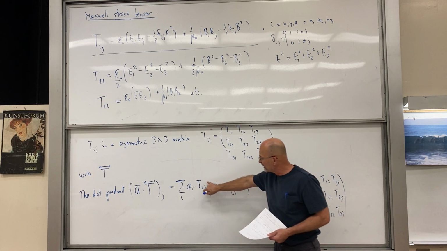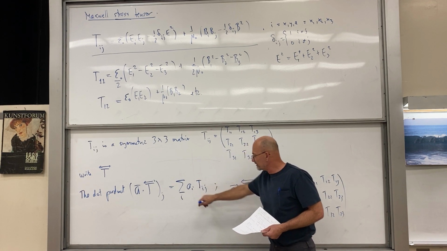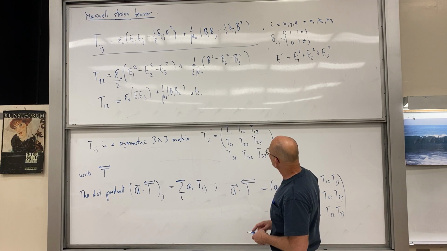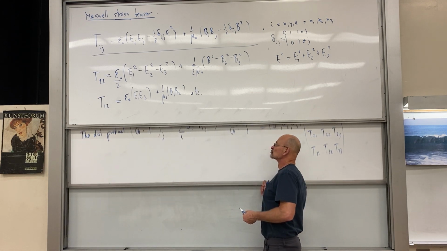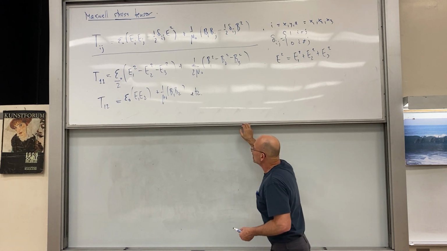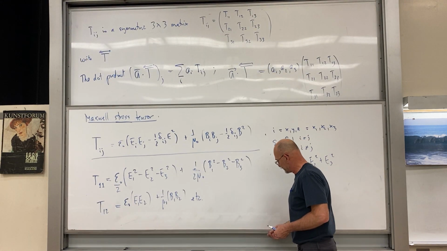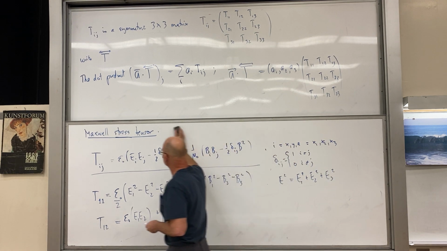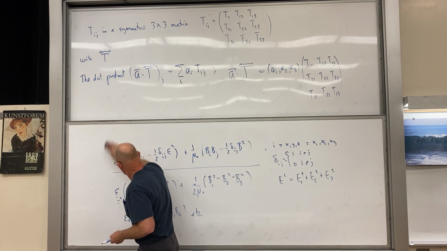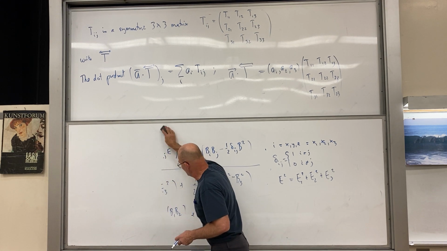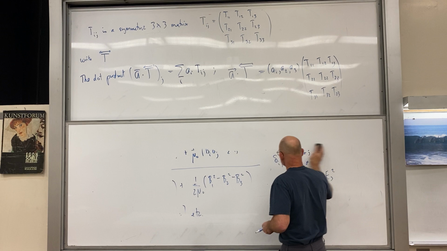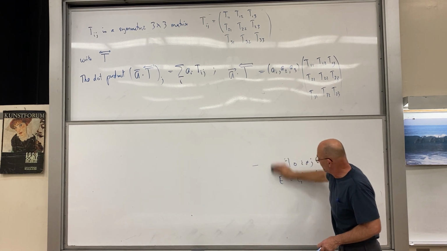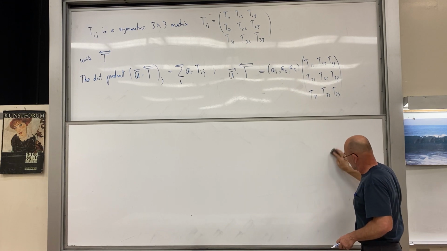Whereas that's an individual component of the vector. The next thing, we're going to have to erase the board now. The next thing is to calculate a divergence. And again, there will be 3 of them now, instead of just 1.